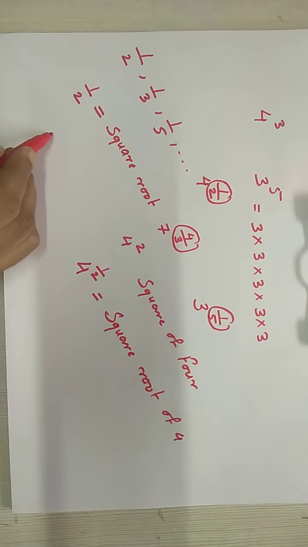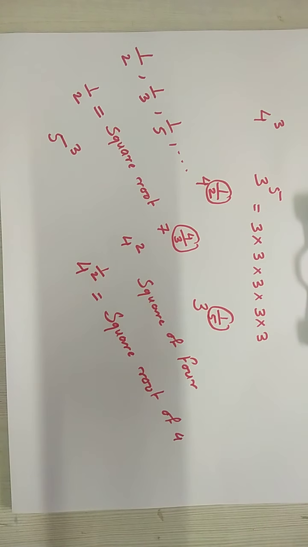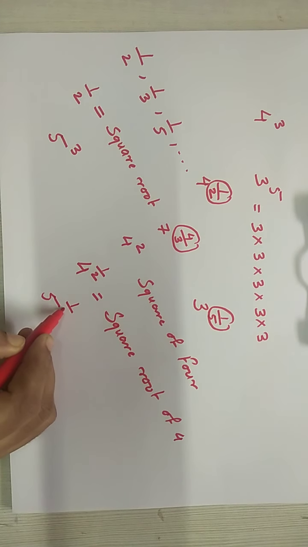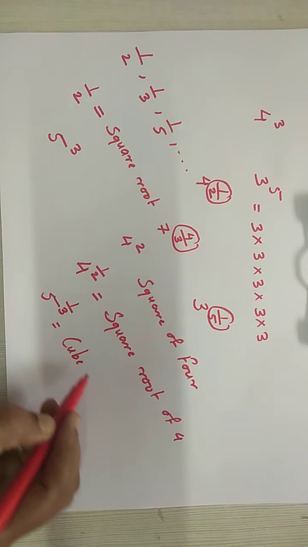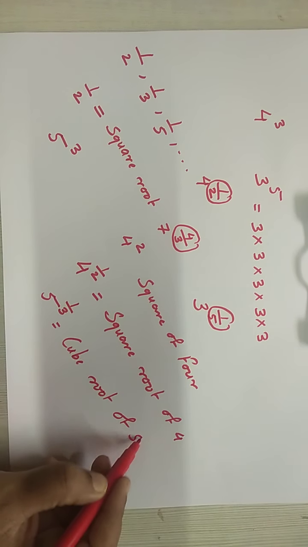When we write 5 raised to 3, it means cube of 5. When we write 5 raised to 1 upon 3, it means cube root of 5.